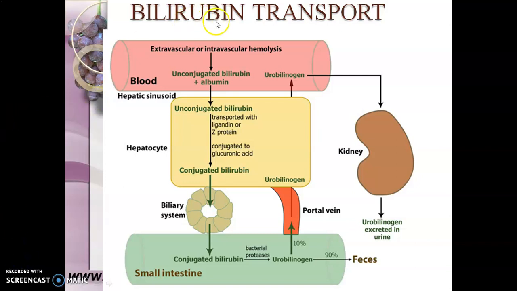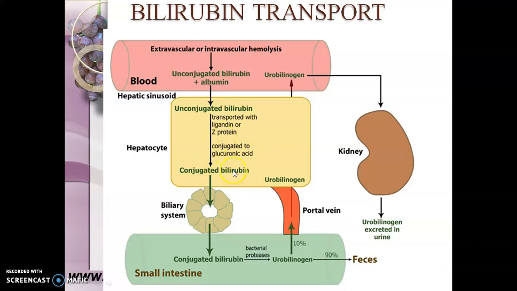To summarize, the unconjugated bilirubin is transported in complex with albumin to the liver, where there is an active uptake by the hepatic sinusoids by ligandin mediated uptake, and finally it is conjugated by the enzyme UDP glucuronyl transferase.